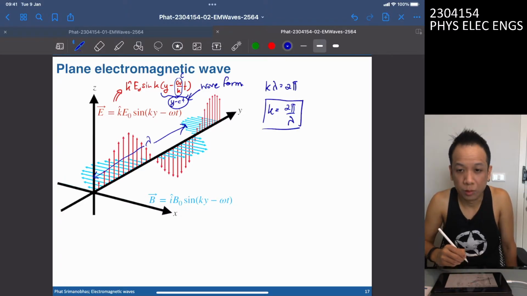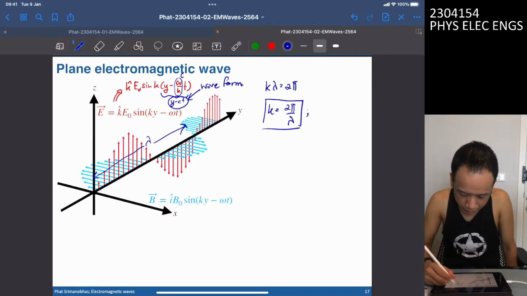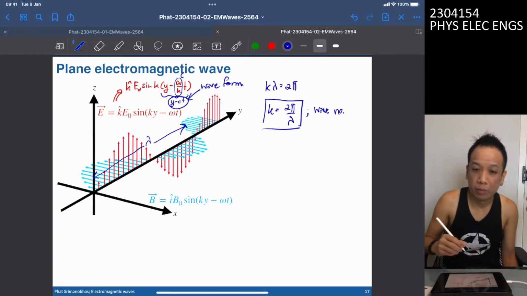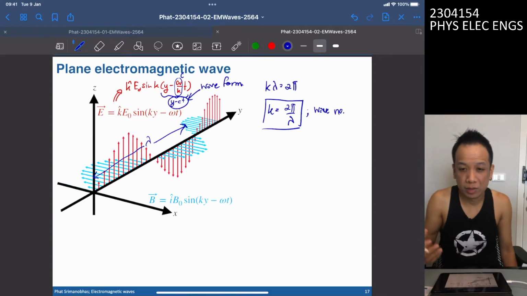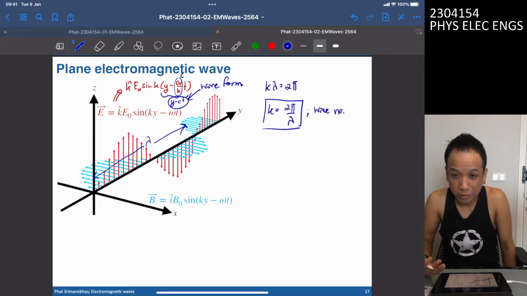You also get this from the mechanical wave. And k is called the wave number. The wave number is the amount of waves that you have.